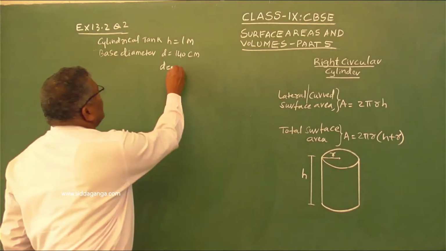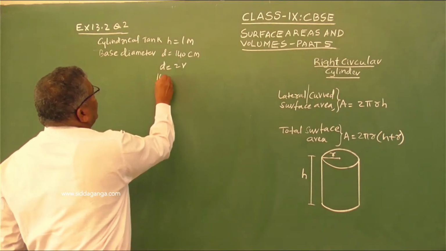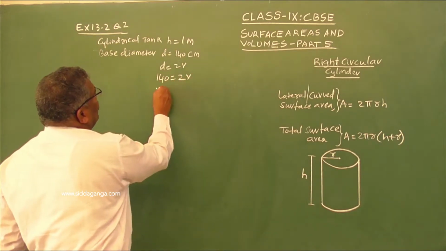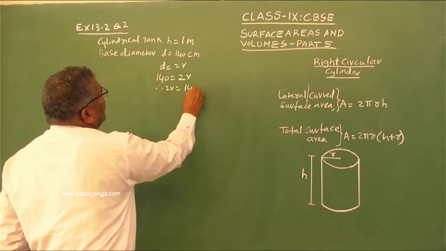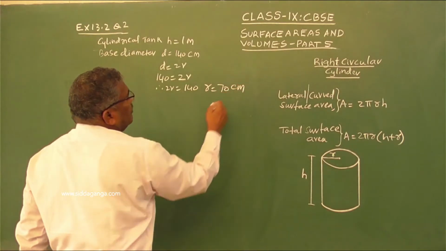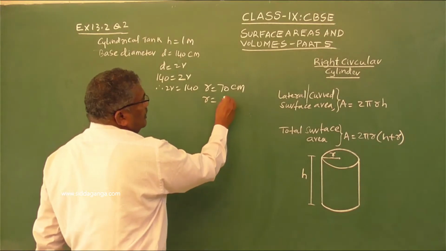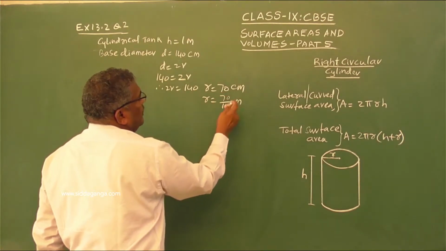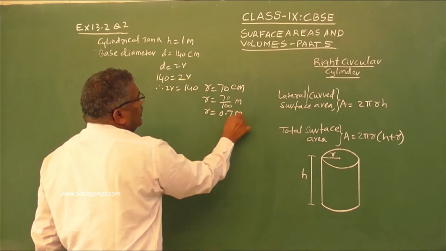Diameter 140 is equal to 2r, therefore r equals 70 centimeter, which is nothing but 70 by 100 meter. So r equals 0.7 meter.